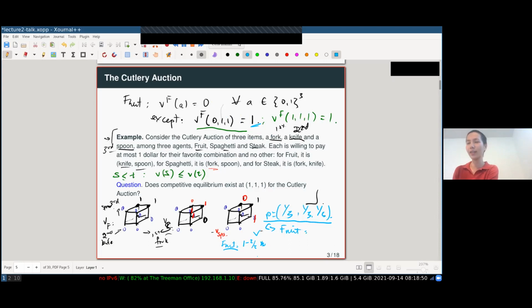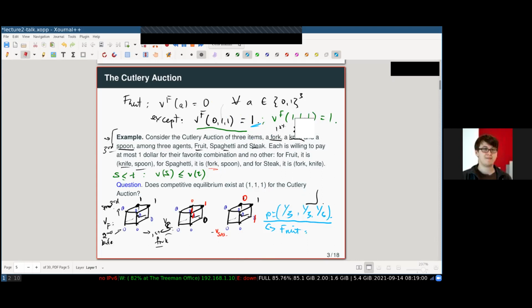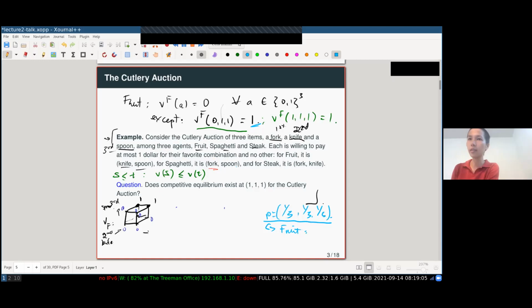I think it is the maximum. Wait, hang on. Is this the maximum? For fruit, sorry, let me compute this.